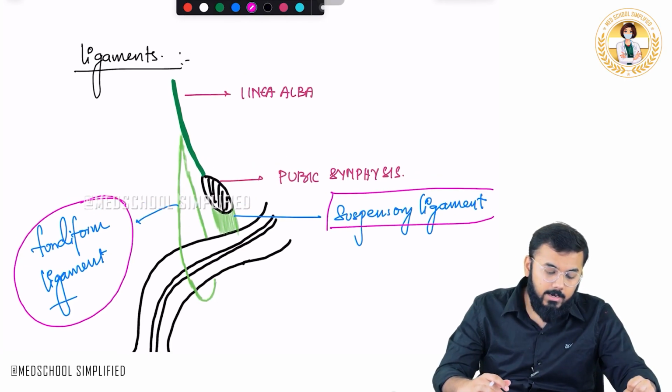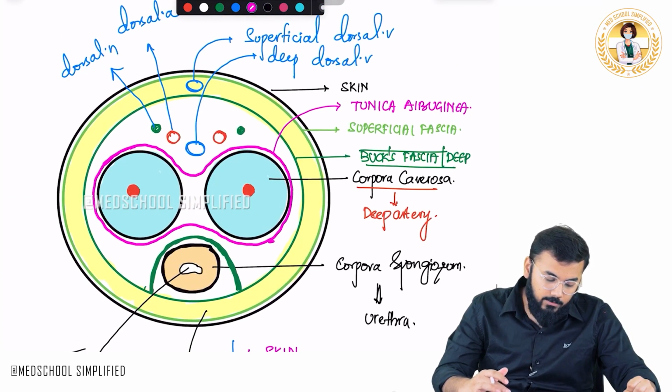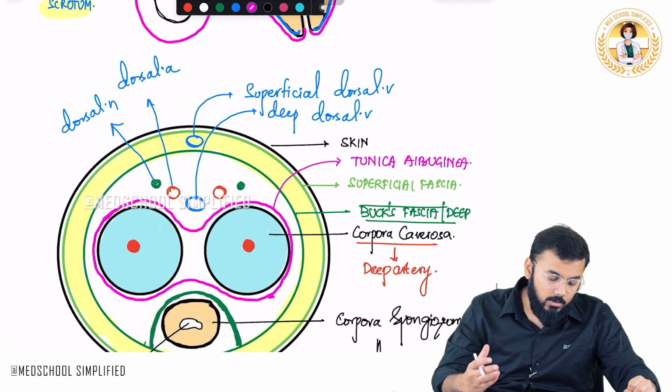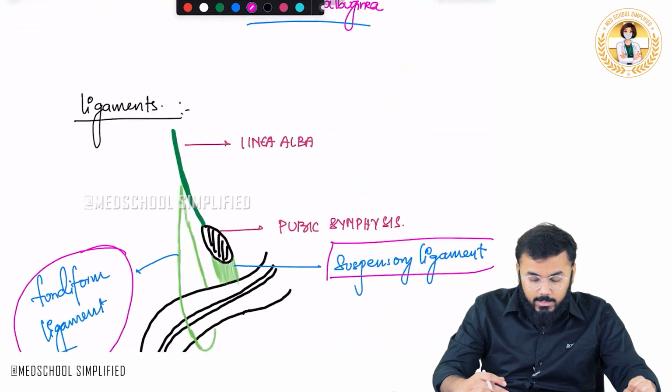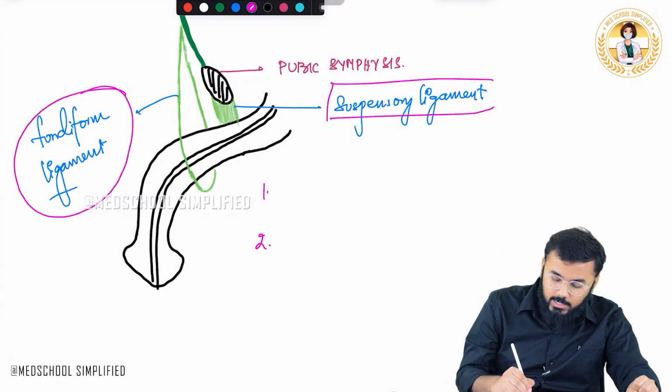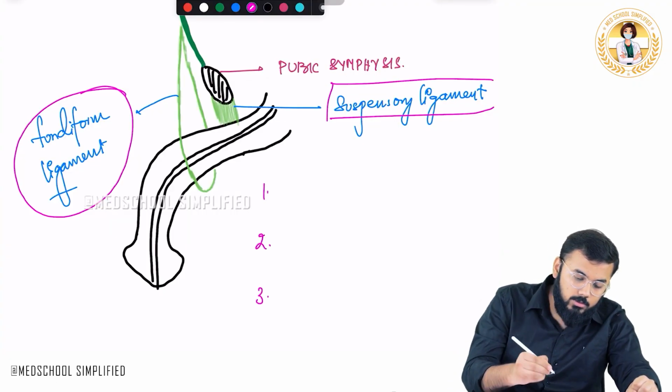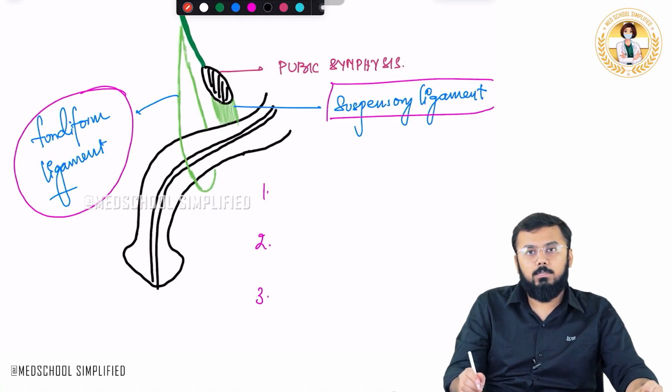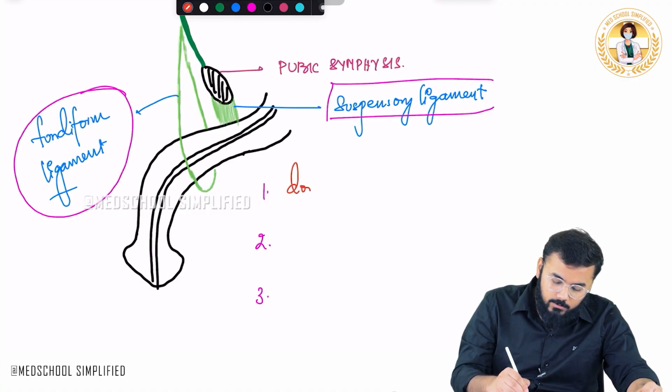Coming to the arteries, I have already told you that we have got the dorsal artery and the dorsal nerve. Apart from this, there are also a few more arteries supplied here. Actually there are three important arteries. One is the dorsal arteries of the penis.